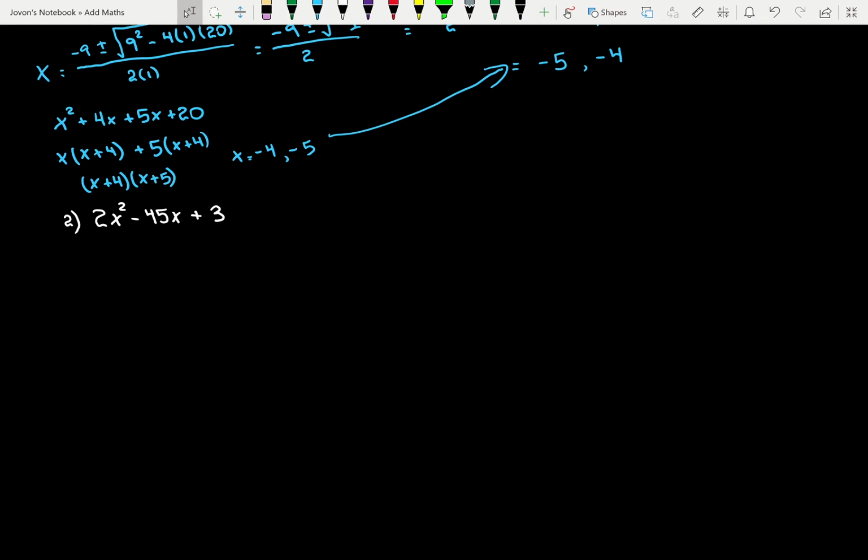So let's do this one now. In this case a is 2, b is minus 45, and c is 3.